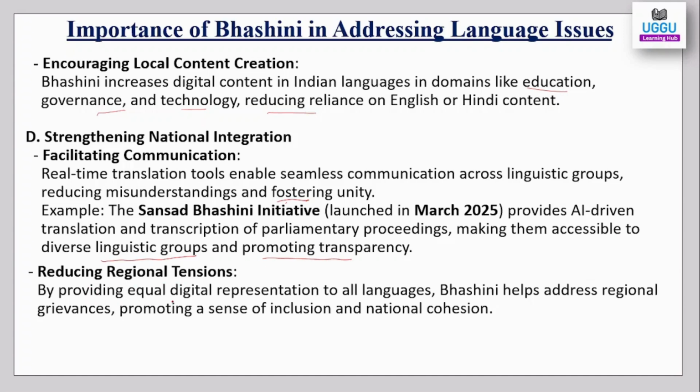By promoting equal digital representation to all languages, Bhashini helps address regional grievances and promotes a sense of inclusion and national cohesion.